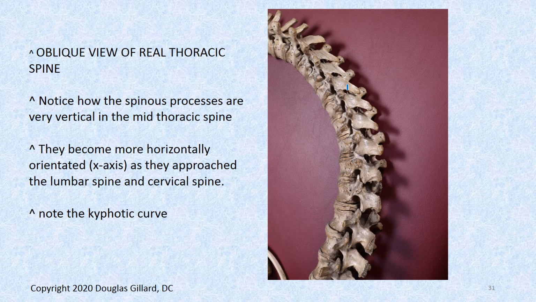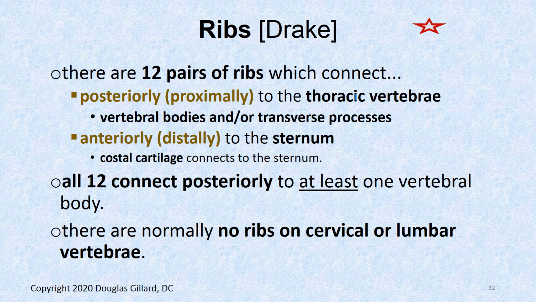But as you see, when we get down to the lower thoracic spine, see how they look more like lumbar vertebrae? They stick straight out like that. Same up here. They're starting to get a little bit more horizontal looking. And we note the kyphotic curve.